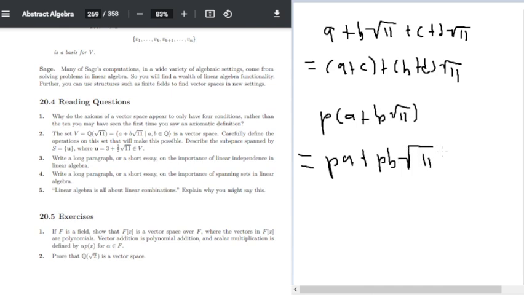Alright, does this work? So we have associativity inherent in the associativity of this. We have distributivity, correct? Yes, we have distributivity in both of those. And we have that 1 times v is equal to v. Mainly because the square root 11 in this case doesn't particularly matter.